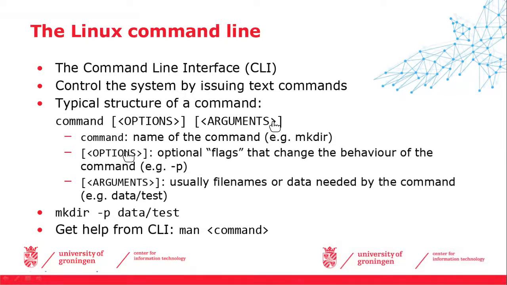Then the options. Sometimes these are not necessary. Sometimes you only need them in special cases where you want to do something which is non-default. These are often some kind of flags that you can pass to the command, and they often look like this: minus some letter, or sometimes minus minus and then the name of a flag, for instance minus minus ignore, or minus minus verbose.